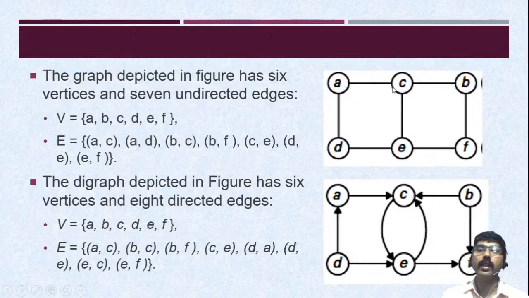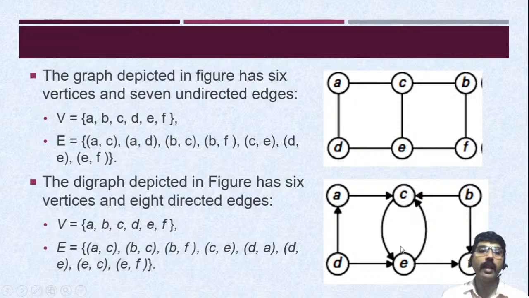AC, CB, BF, FE, ED, AD, CE, like that. These are called the edges of the undirected graph.